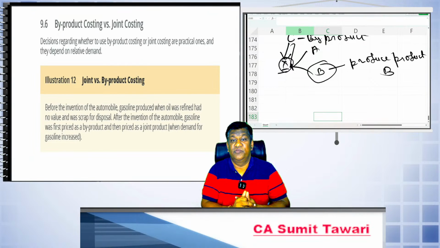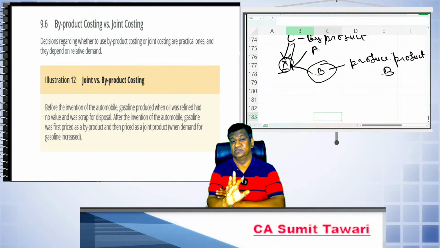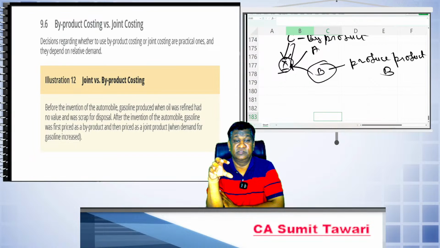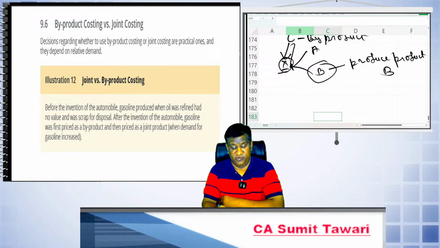After the invention of the automobile, gasoline was first priced as a byproduct and then priced as a joint product when demand for gasoline increased. If the demand increases for a particular product, then we have the intention to produce it. If we don't have any intention to produce, and we don't want to create a market for a particular product, then it is a byproduct.